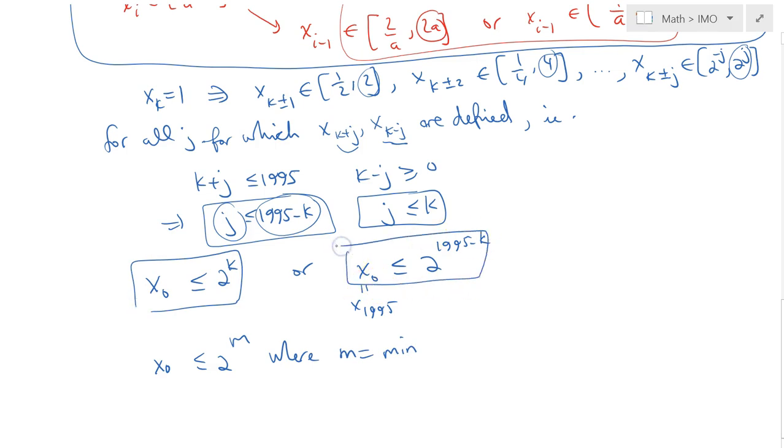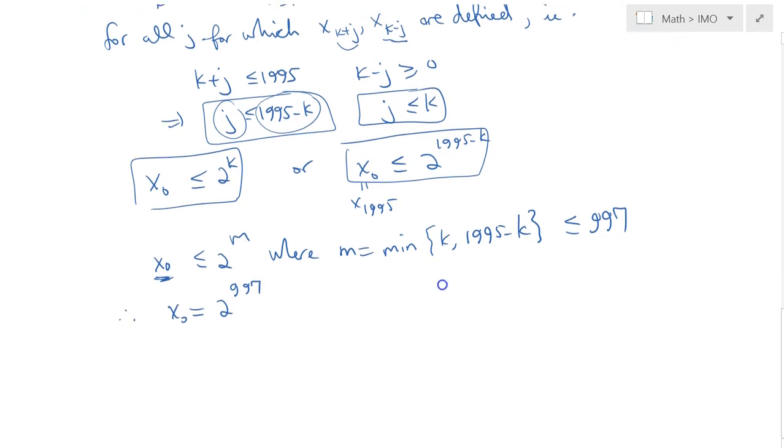And this number would definitely be less than or equal to 997. So the maximum value that x sub 0 can take would be 2 to the power 997, and this would be attained.